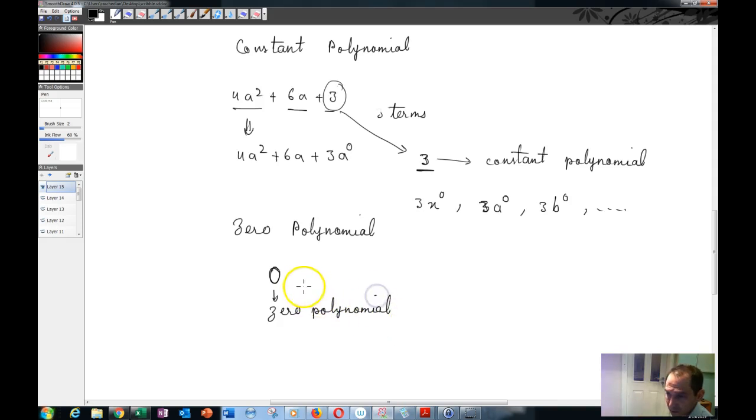If you want, you can rewrite this as 0 times x raised to the power 0. Now x raised to the power 0 is equal to 1, and 1 times 0 is equal to 0, so you just write it as 0. That's basically called the 0 polynomial.